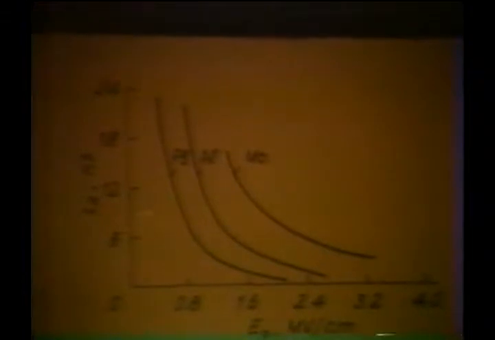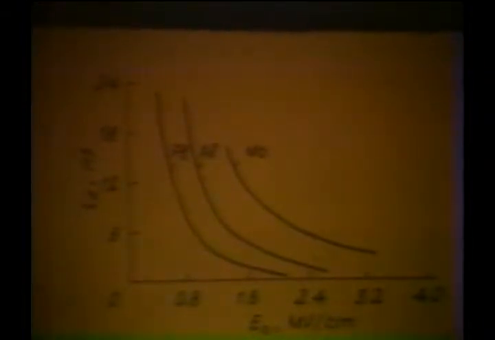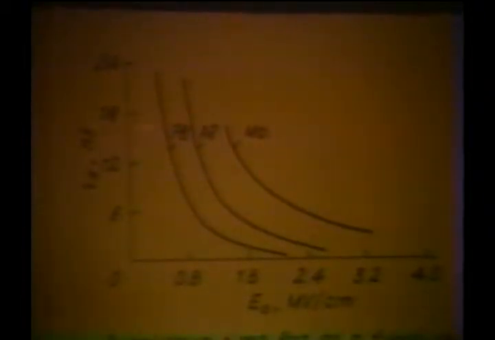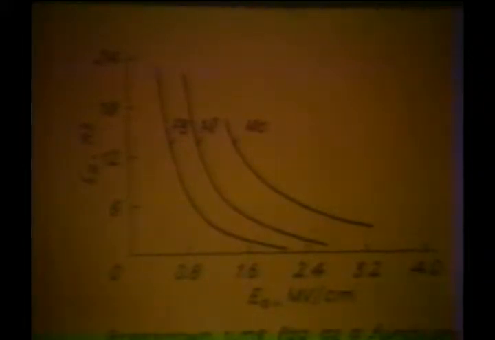It shows the breakdown time lag as a function of electric field strength for molybdenum, aluminum, and plumbum. The commutation time is directly proportional to the gap.